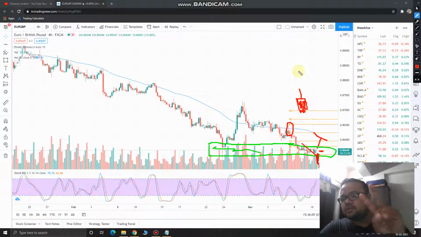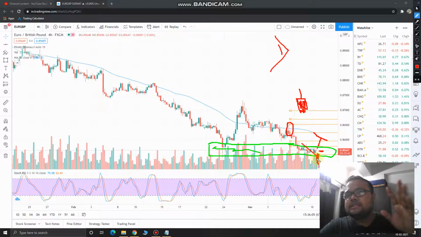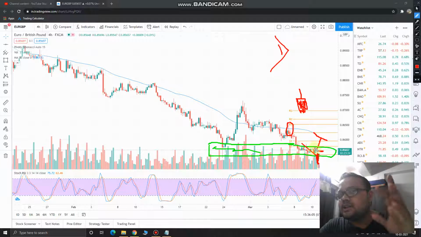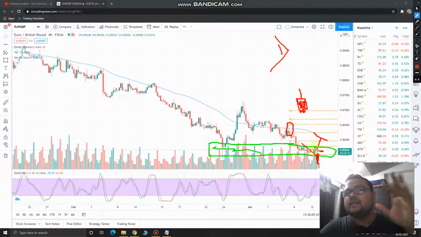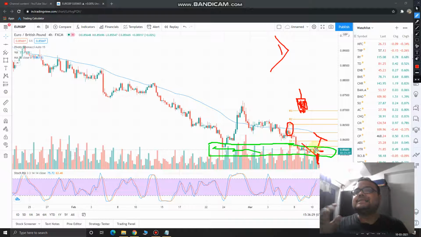So your strategy for Euro GBP is, first, if market crosses this level, wait for at least 1 hour, just see how the price is reacting, let the support become the resistance, then only short the market. And on the other hand, if market goes up and it hits the 50 moving average, just wait and watch how the price is reacting.